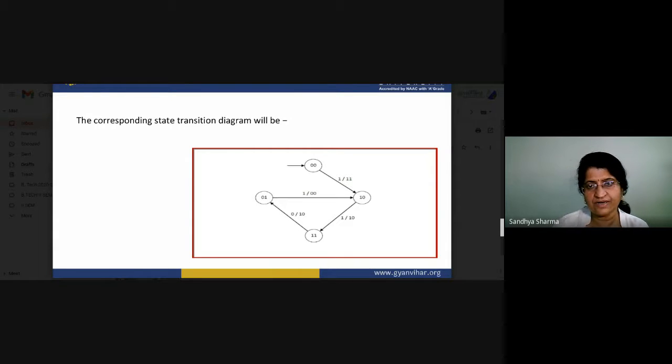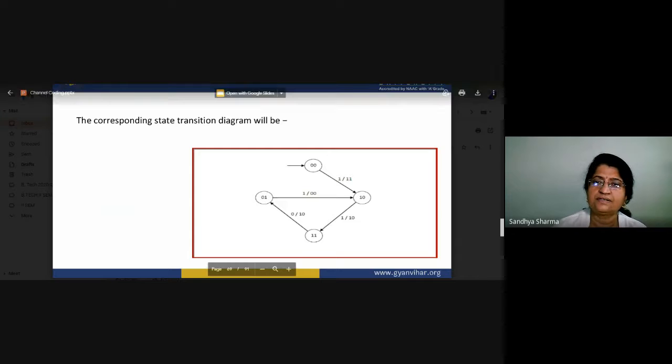So when the first bit enters, the output will be 1 1. And what will be the next state? After entering the 1, you will find the outputs C1 and C0, and after shifting the bit by one position, we will decide the state. So initially the first bit, 1, will enter.